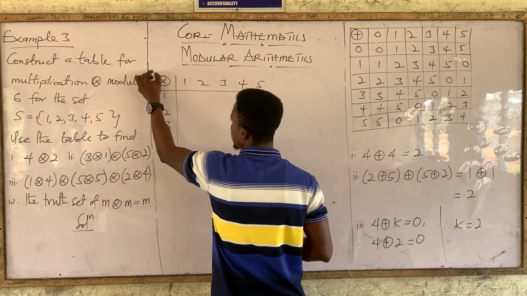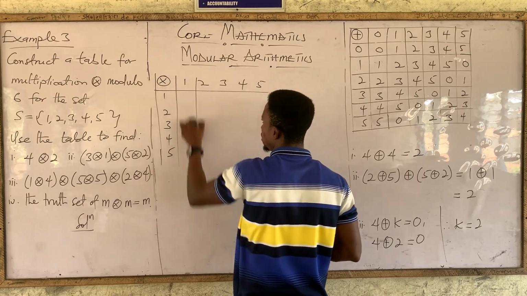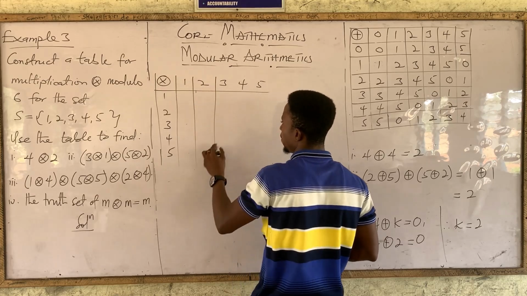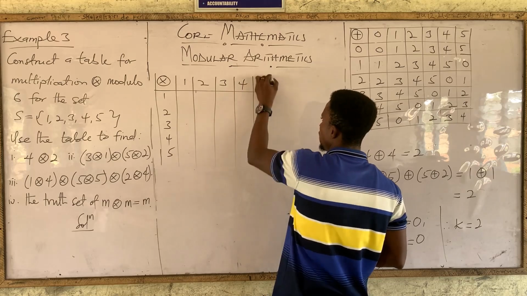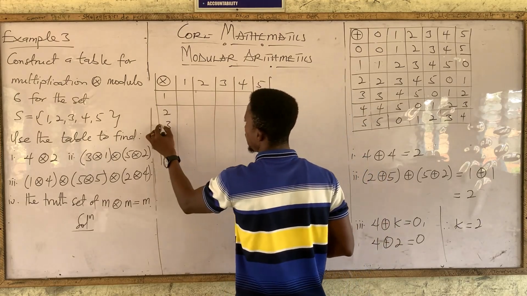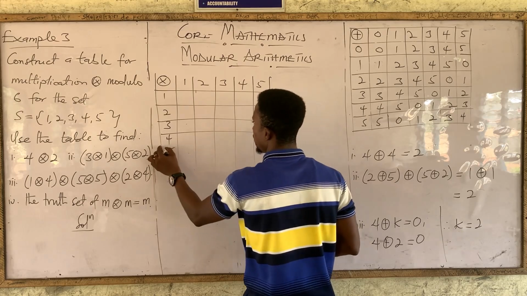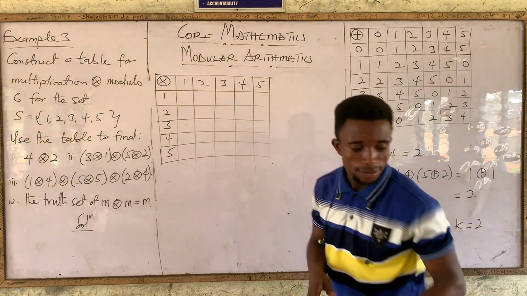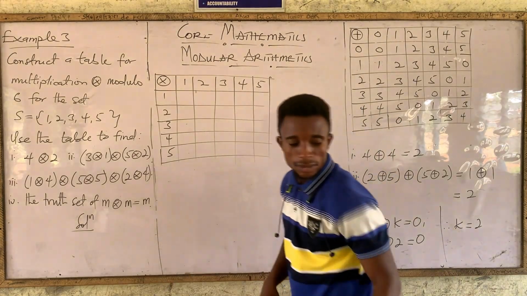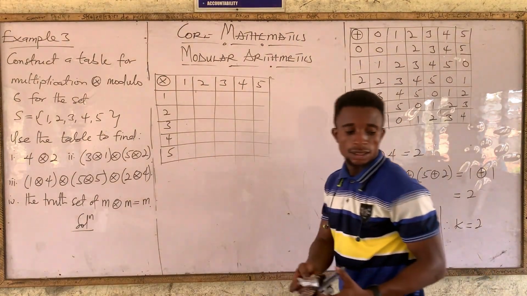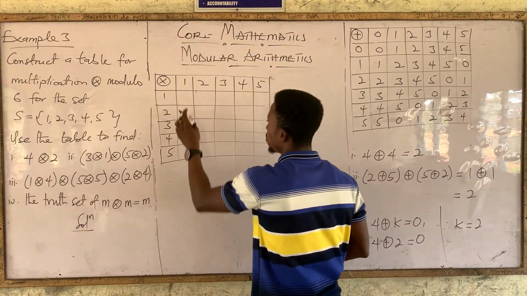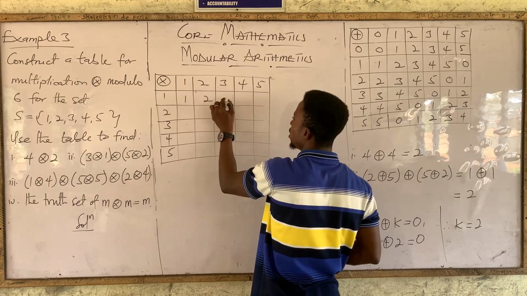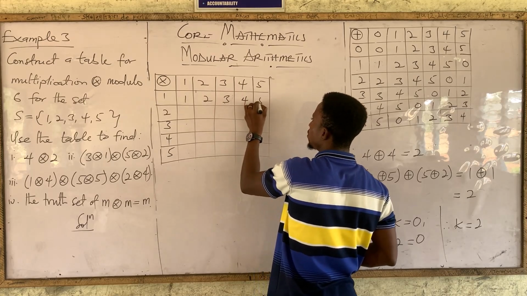So I have that. Then now we start. 1 times 1 is 1. 1 times 2 is 2, 3, then 4 and 5.